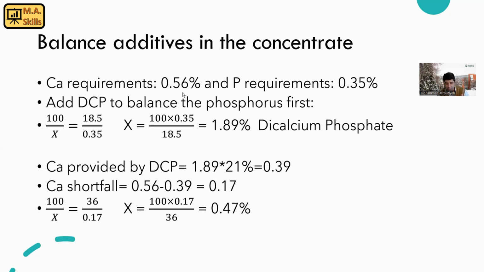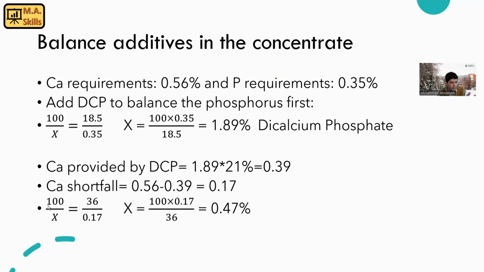So 0.56, the total calcium requirements, minus 0.39, which was provided by the DCP, we will have 0.17 calcium shortfall that we need to provide by adding calcium carbonate. So calcium carbonate has 36% calcium.